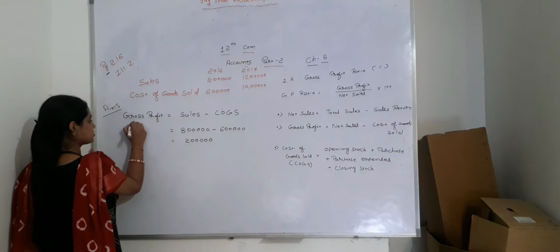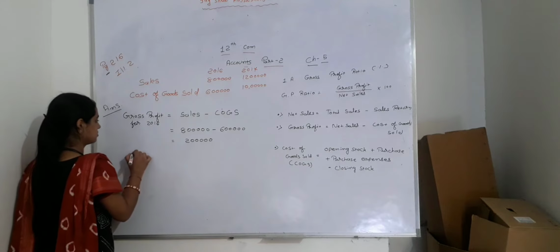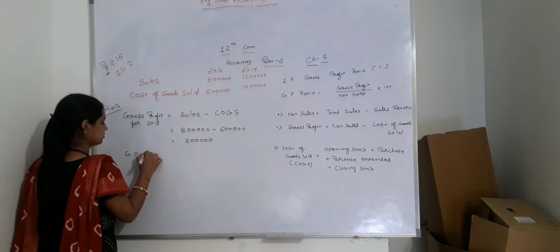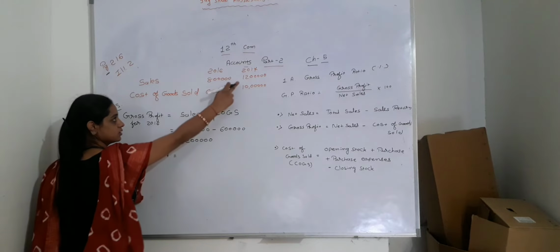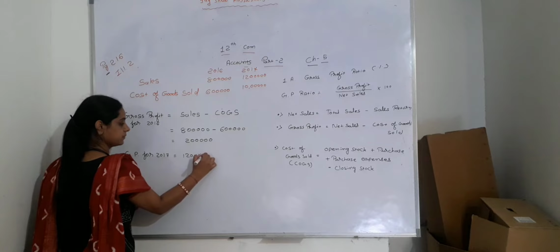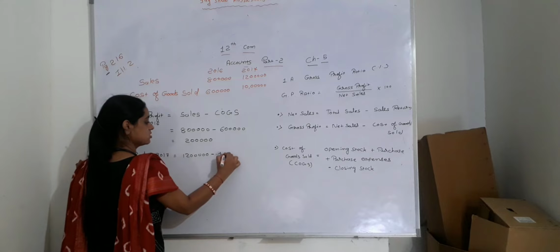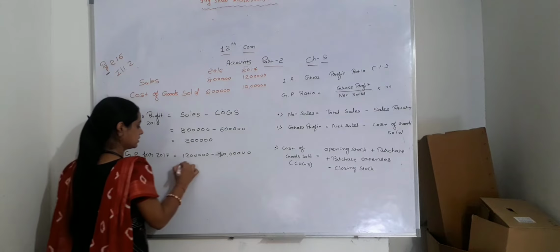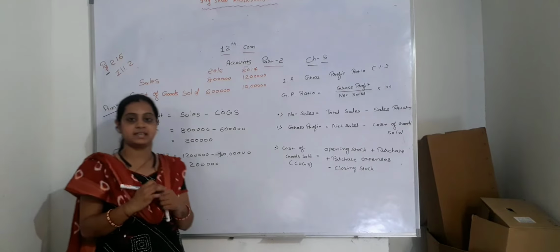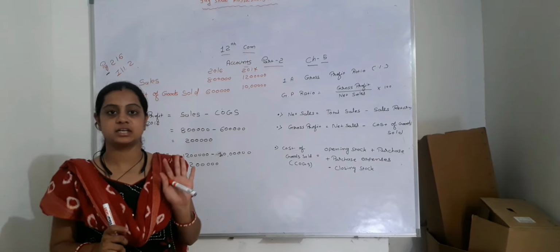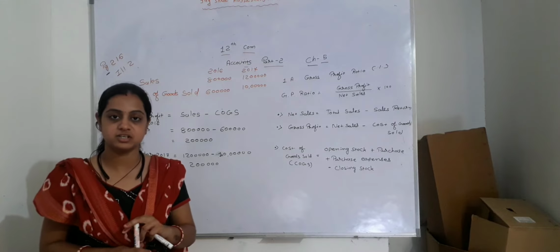Now for 2017, sales is 12 lakh and COGS is 10 lakh. That means gross profit is 2 lakh. Now we have gross profit and net sales, so we can easily apply the formula and find gross profit ratio.